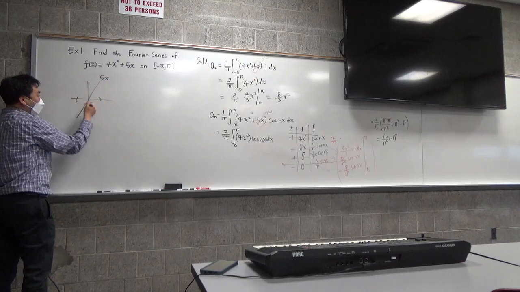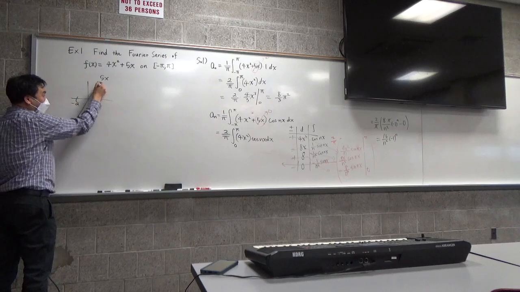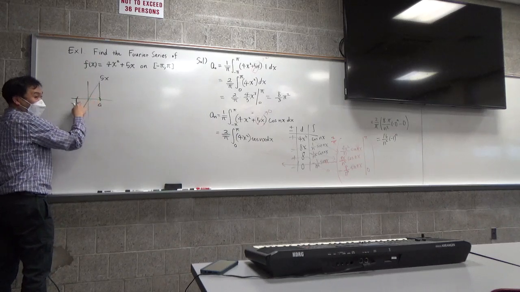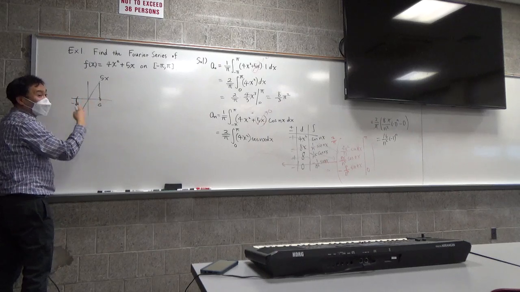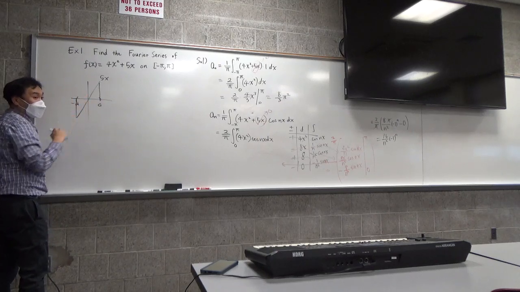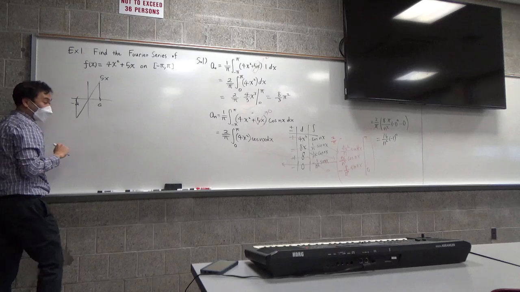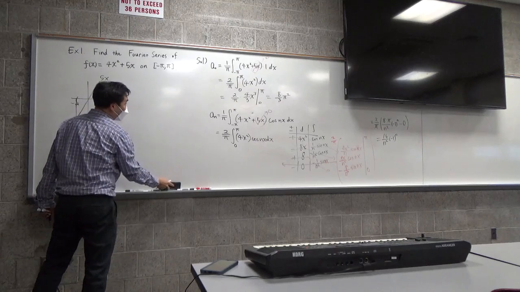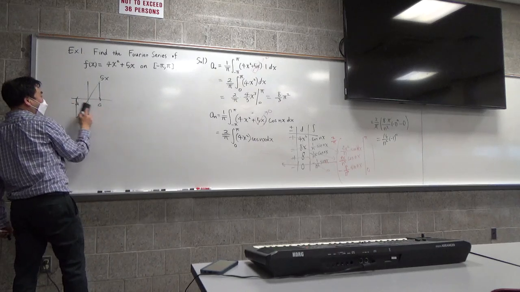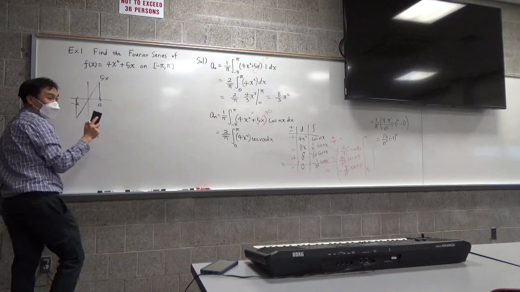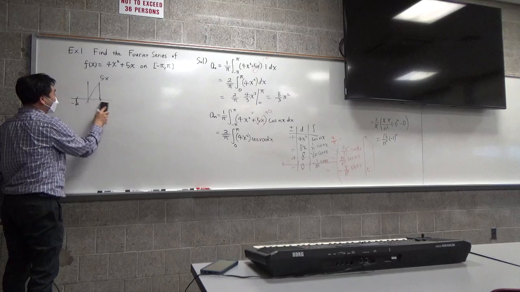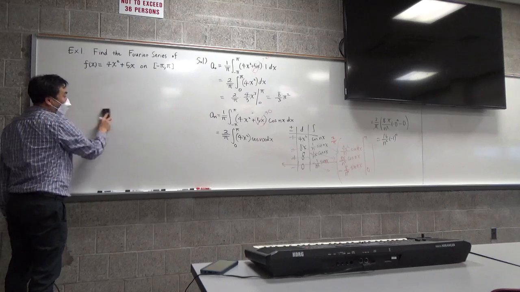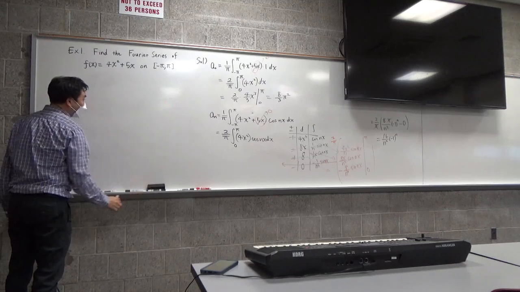And if you integrate from negative a to positive a, these two sides cancel each other. And that happens for any odd function. If this happens, we call it an odd function. Okay? So if you're on a symmetric domain, you can make use of the even and oddness, which makes the calculation a lot easier.